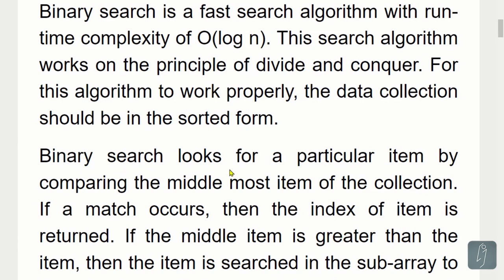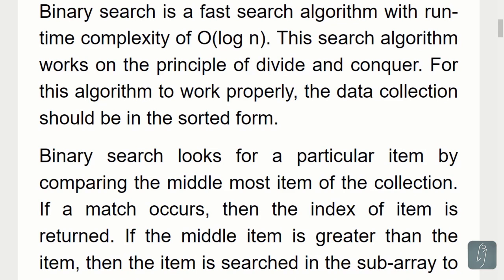Binary search looks for a particular item by comparing the middlemost item of the collection. If a match occurs, then the index of the item is returned. If the middle item is greater than the item, then the item is searched in the subarray to the left of the middle item.